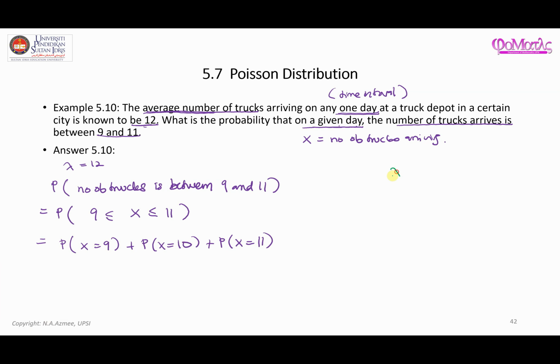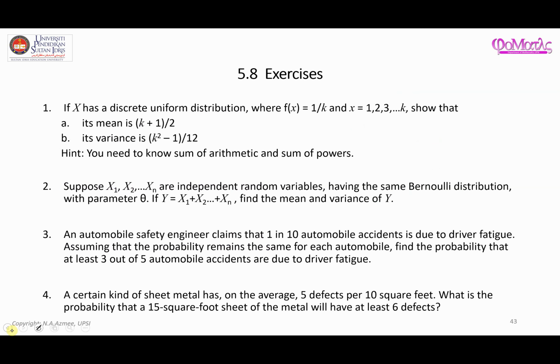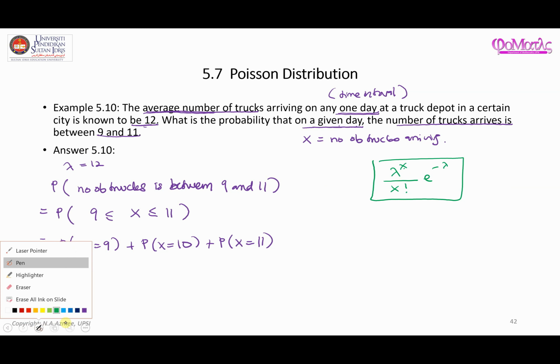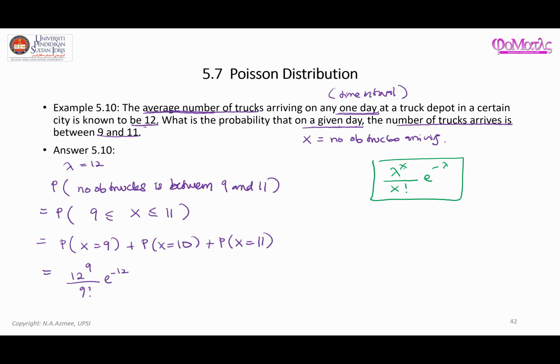The formula that we need to apply is lambda to the power x over x factorial, e negative lambda, and we're going to just change the values of x. So here lambda is 12: 12 to the 9, 9 factorial, e negative 12, plus 12 to the 10, 10 factorial, e negative 12, plus 12 to the 11, 11 factorial, e negative 12.